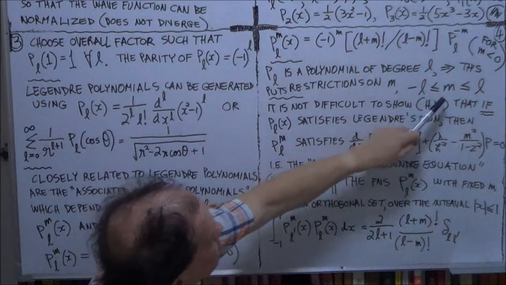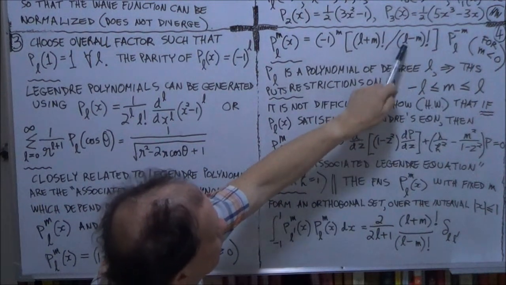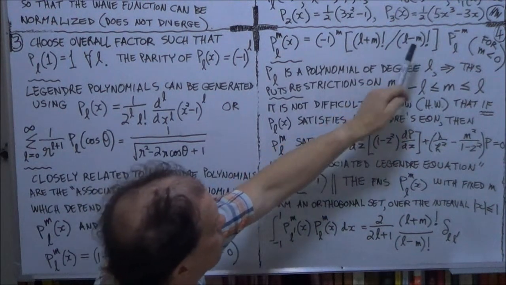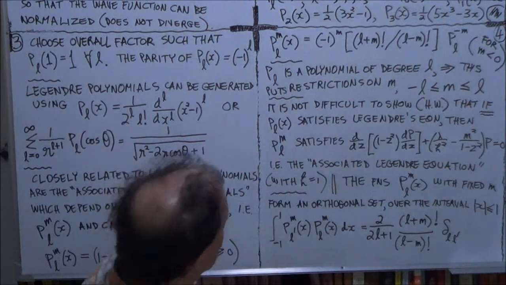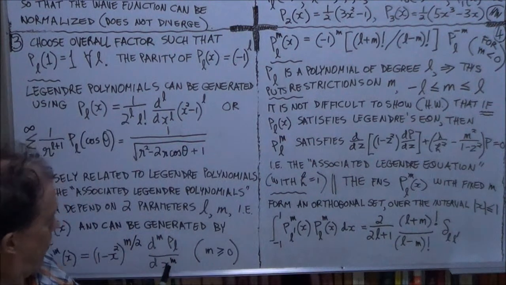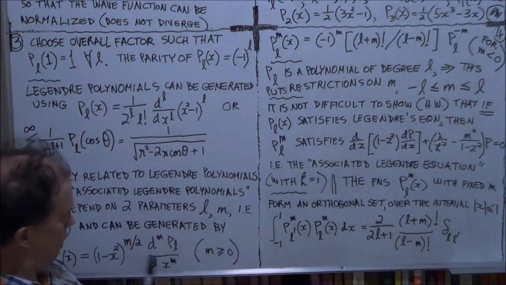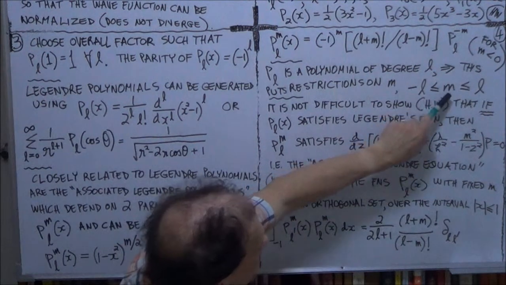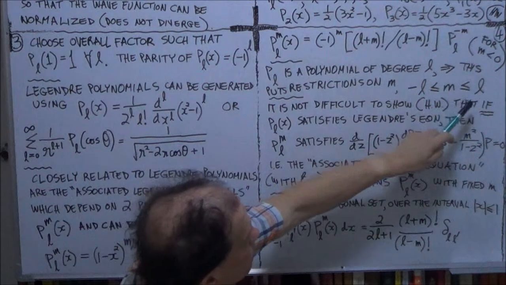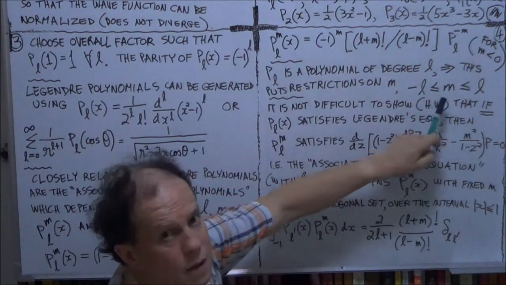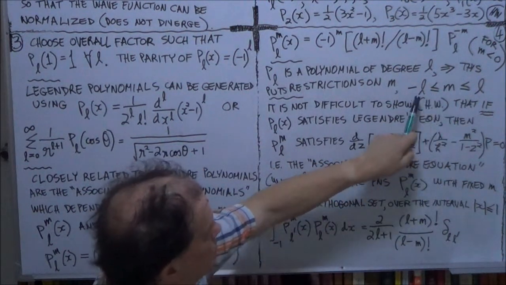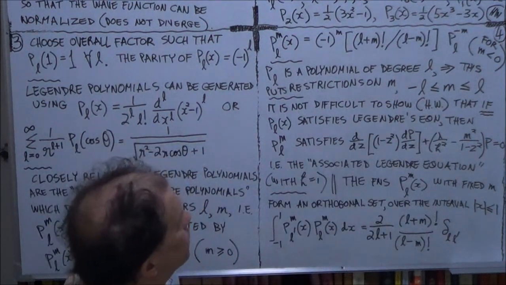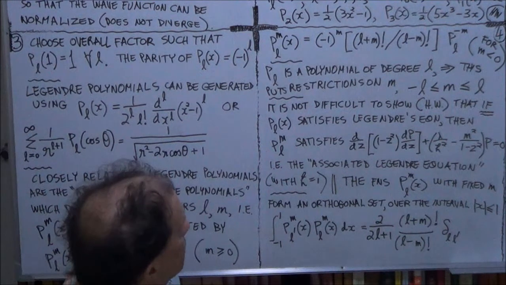For example, say m is larger than L. Imagine m is larger than L. Well, then you get a negative factorial. So that sort of makes you suspicious. And also, if you're differentiating more times than L here, that'll give you zero. So you've got a limit on m. So your m here is less or equal to L and greater or equal to minus L. So your m is limited, right? It depends on L. All right.